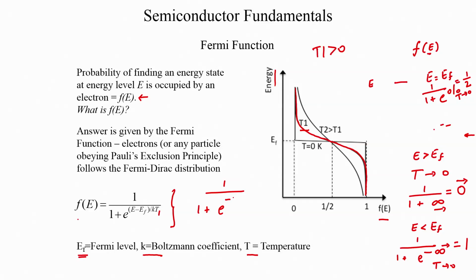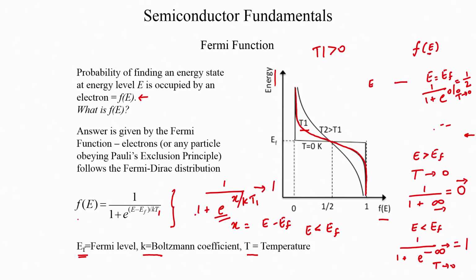Let us call E minus Ef as x, for the sake of argument. As E becomes less than Ef, x becomes a negative number, and the exponential of a very large negative number is going to be much less than 1, and therefore this function tends to 1.